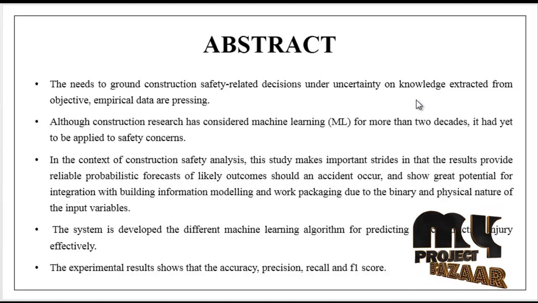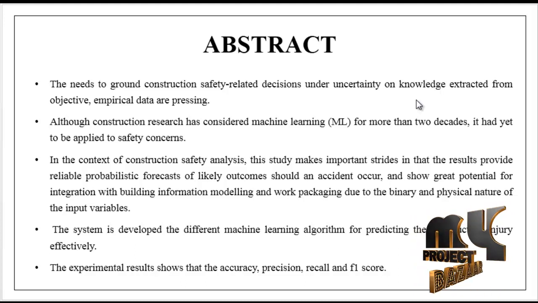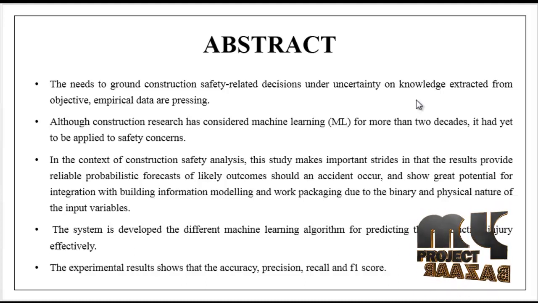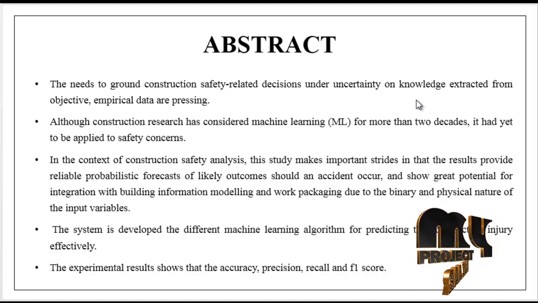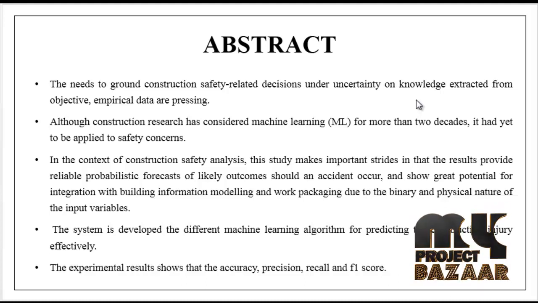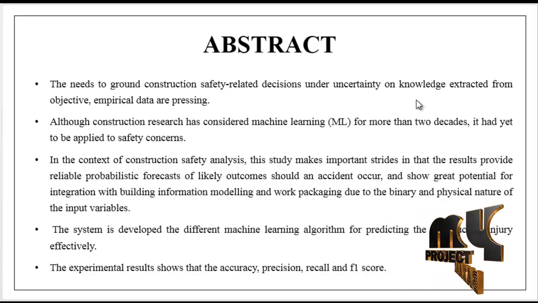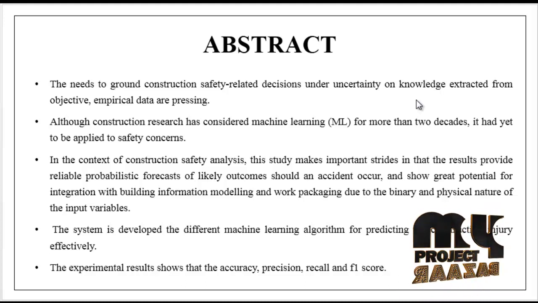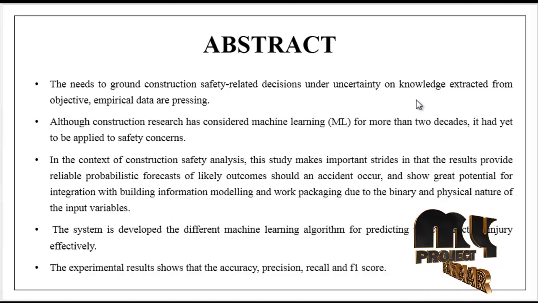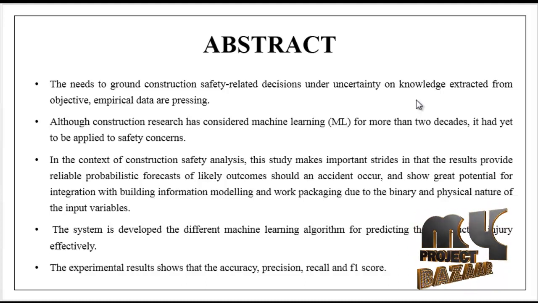The system is developed using different machine learning algorithms for predicting the construction injury effectively. Then experimental results show the accuracy, precision, recall and F1 score. So this is the overview of our project.